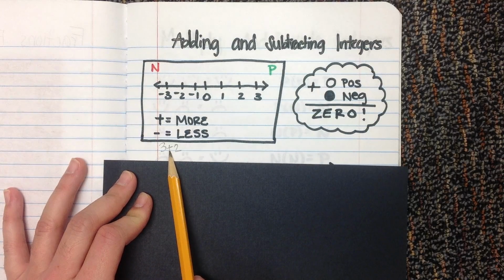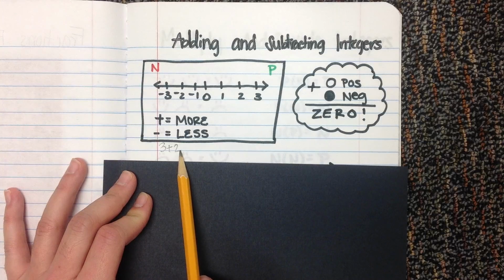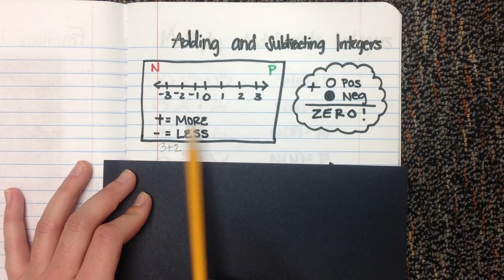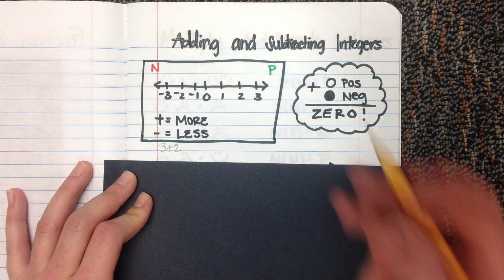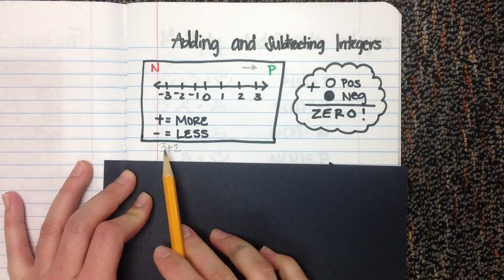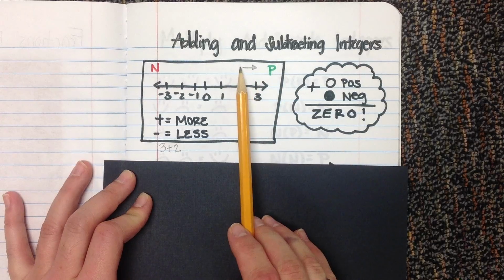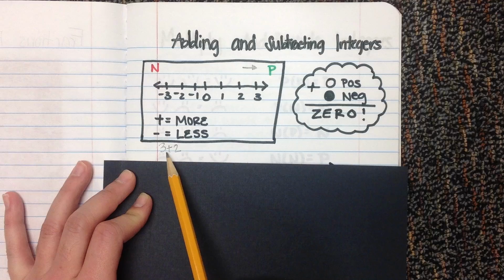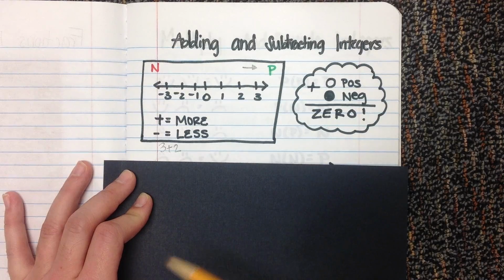What do I want more of? Well, I'm going to look at the very next number and see, is it positive or is it negative? It's positive, so I want more positives. When you want more of something, you're going to go towards it. So for this 3 plus 2, my number line is going to go in the right direction. I'm headed toward positive because I want more positives.